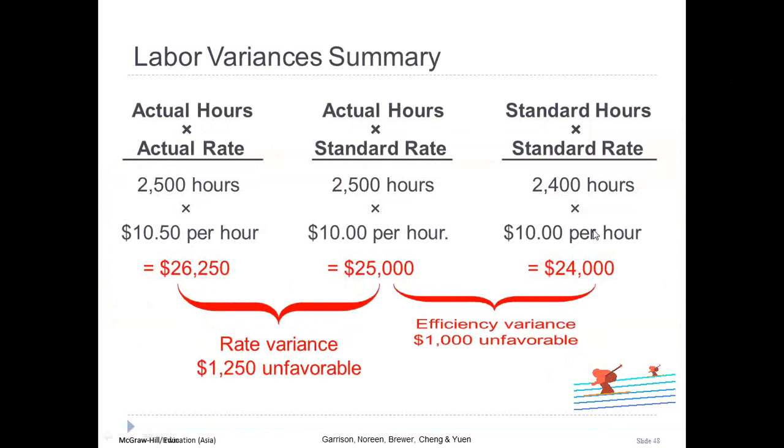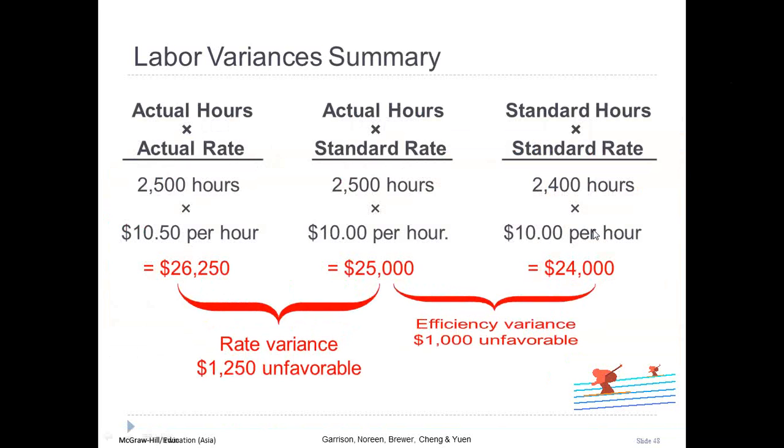The labor rate variance, defined as the difference between the actual hourly wage paid and the standard hourly wage, is $1,250 unfavorable. The rate variance is labeled unfavorable because the actual average wage rate was more than the standard wage rate by 50 cents per hour.